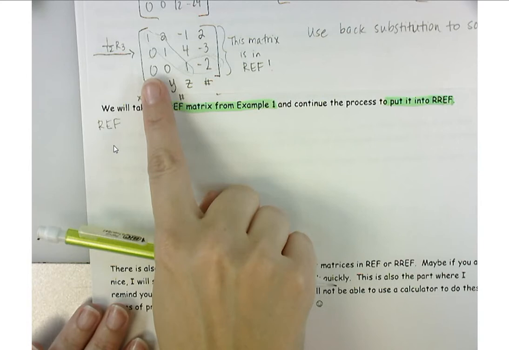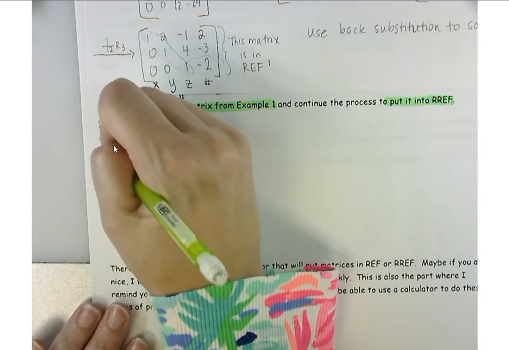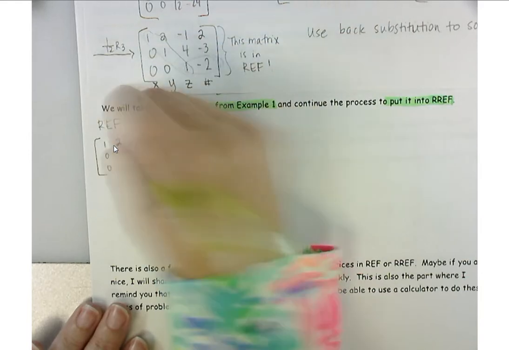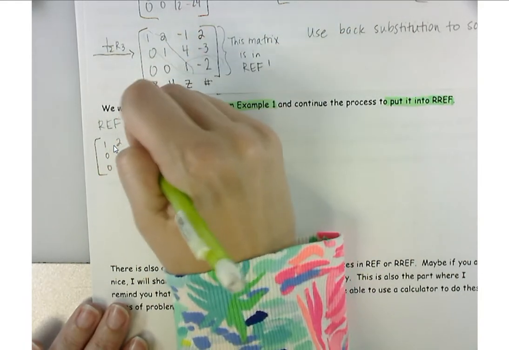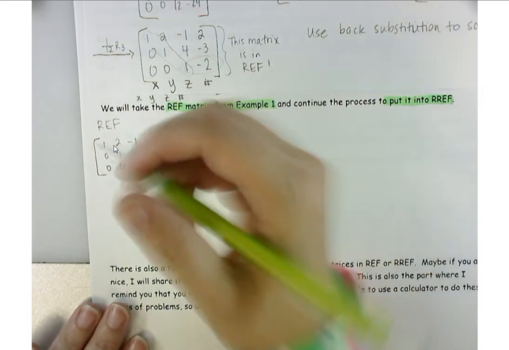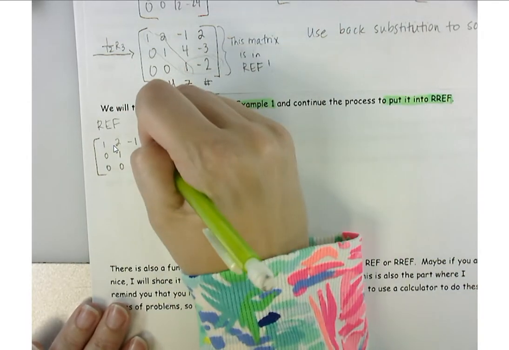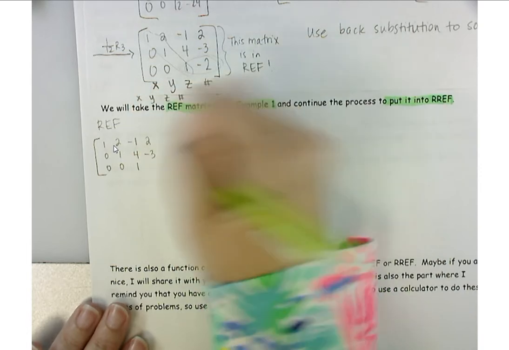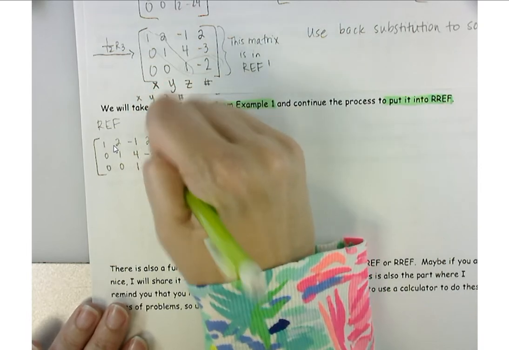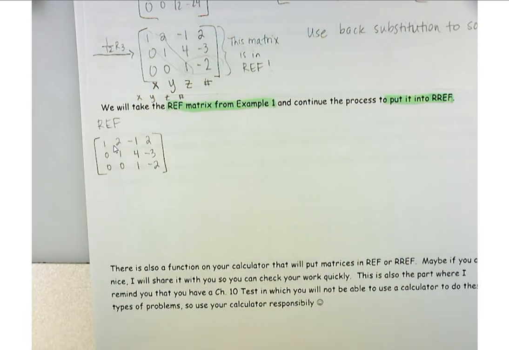I'm just going to write that matrix. We had 1, 0, 0, 2, 1, 0, negative 1, 4, 1, and then 2, negative 3, negative 2. Does that look right? Did I write it down correctly?